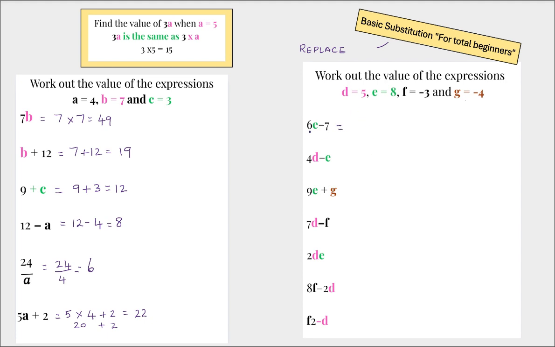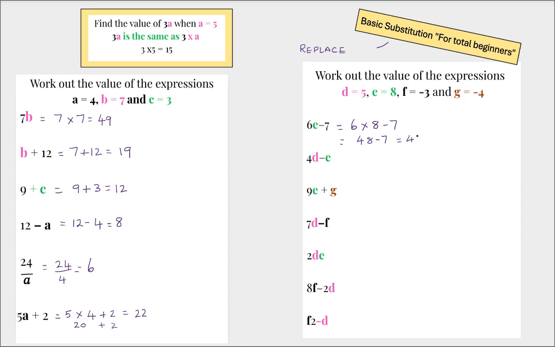So we have 6e, which we know is a times. So 6 times what's e, which is 8, minus 7. So 6 times 8 is 48. Minus 7. So the answer is 41.